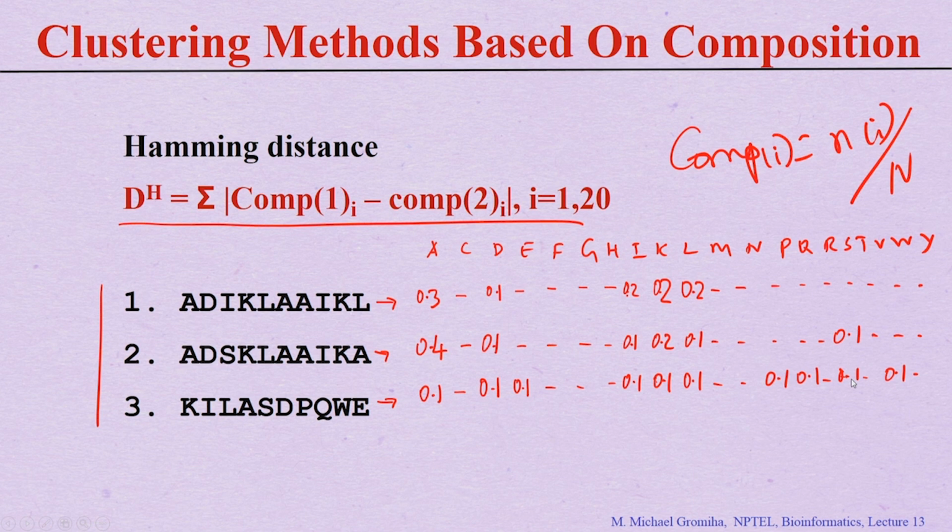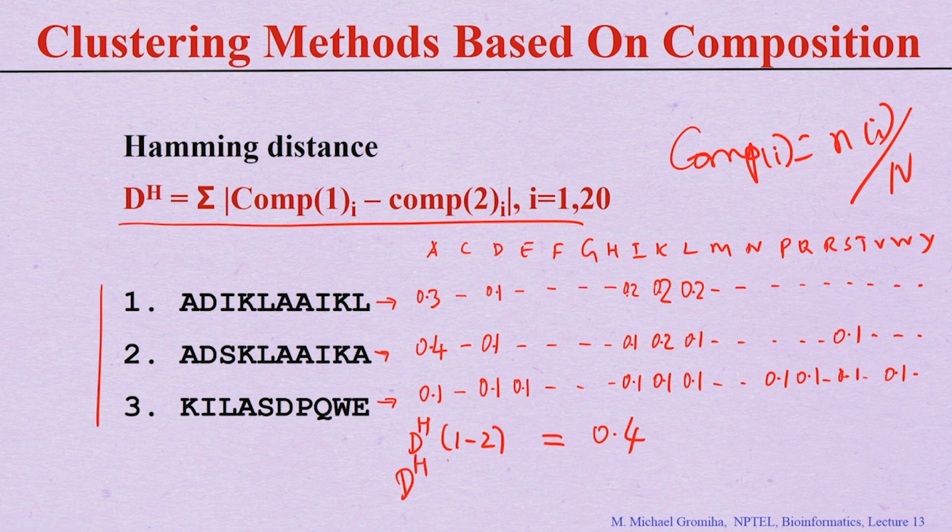Now we calculate the Hamming distance between 1 and 2. What is the value? 0.3... 0.1, 0, 0.2, 0.3, 0.4. Now between 2 and 3, it is 0.8, very high.